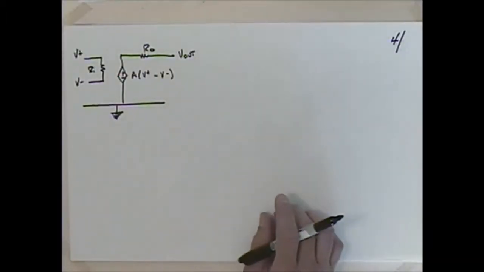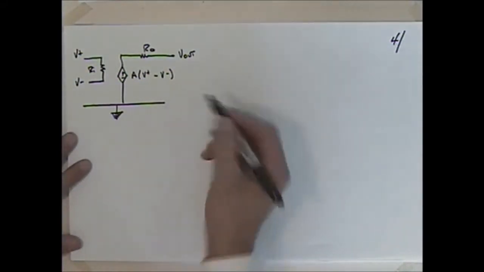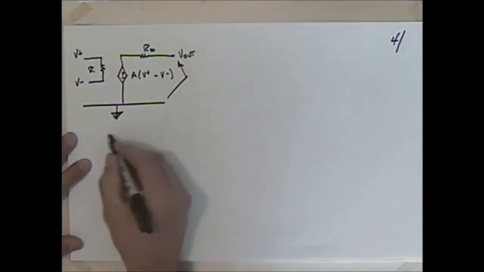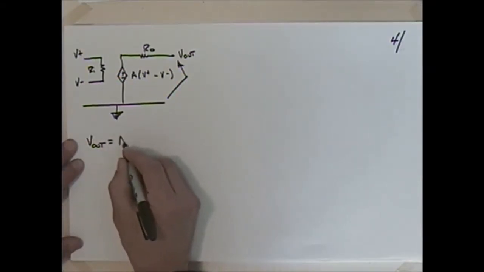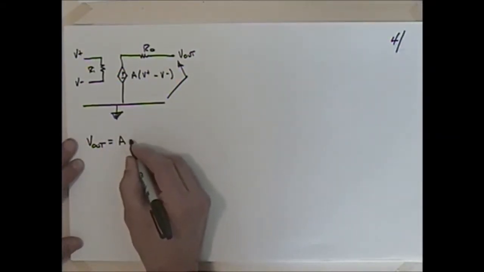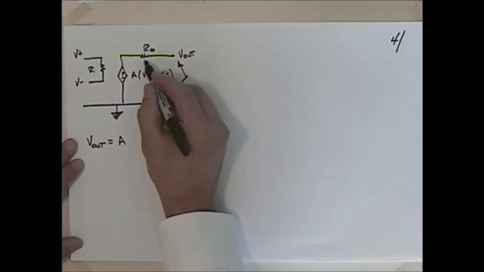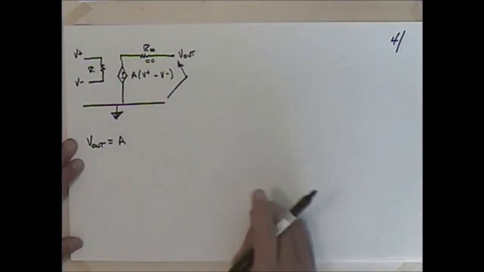Okay, so if we look at this, I can say that V out, the voltage across here, is equal to A times, because we're hoping that this resistor is very, very small, hoping that's about 0.